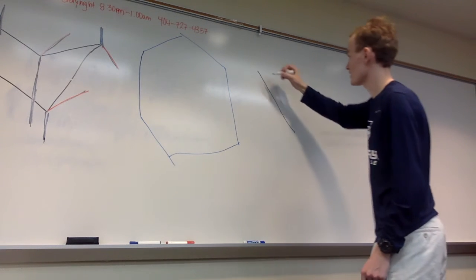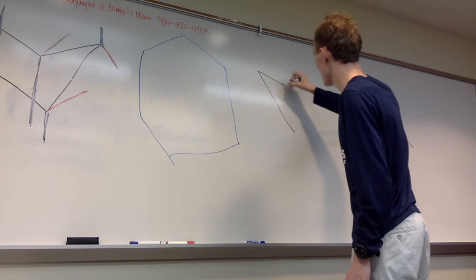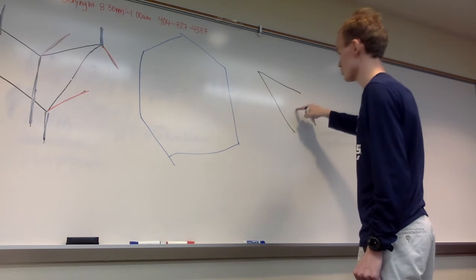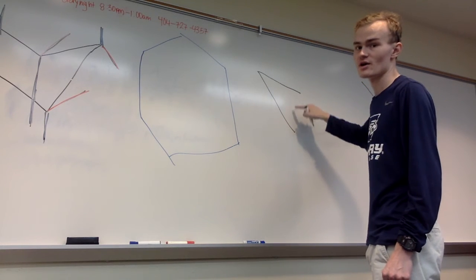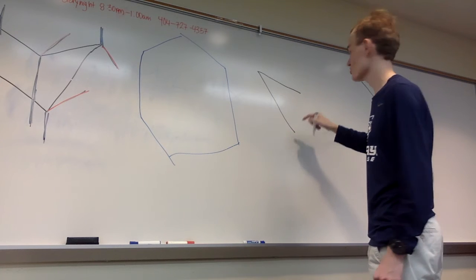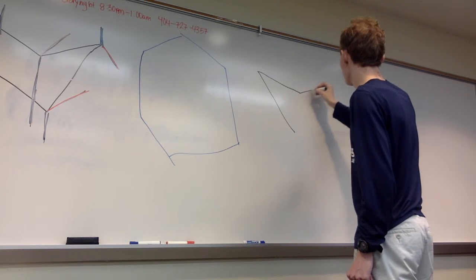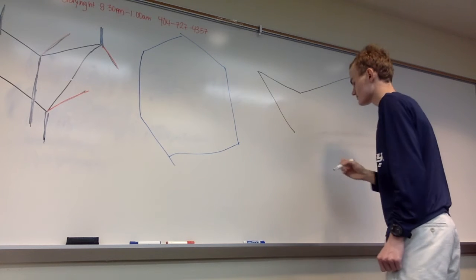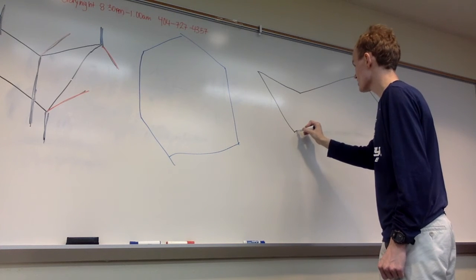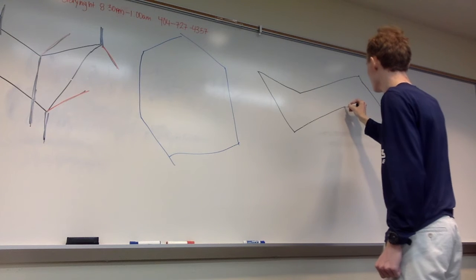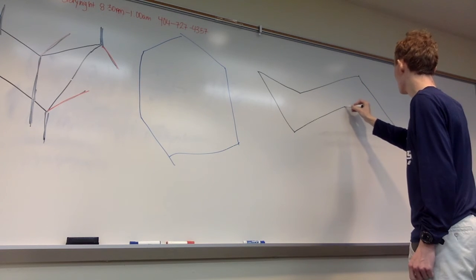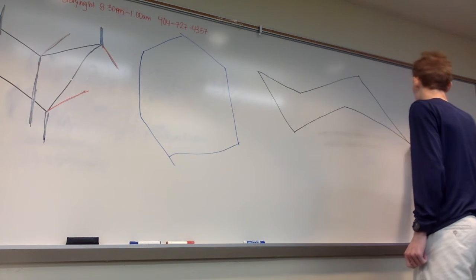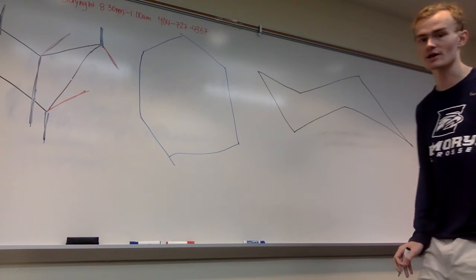Now, I'm going to make this line up here short, but not short enough, long enough that this is still longer than this. And then this is going to be long. Okay? Now this has to be long, and this has to be short. Okay?